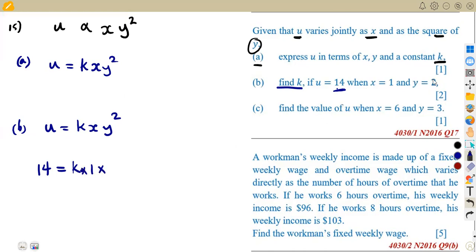Y squared in this case is 2 squared. So 14 is equal to 1 times 2 squared. 2 squared, that is 2 times 2, which is 4, times 1, which is 4, times k, which is going to be 4k. So 14 is equal to 4k. You can divide by 4 so that we obtain the value of k in this case.